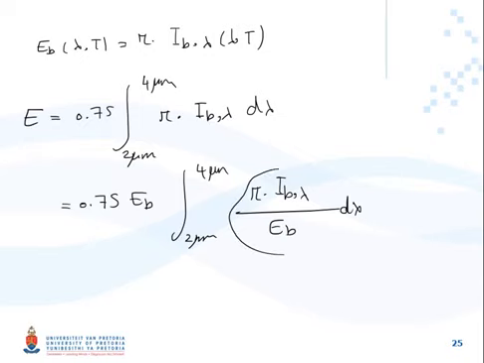What is this? Because this one is E b lambda at T, and this is E b, so we know that this is the black body radiation function.